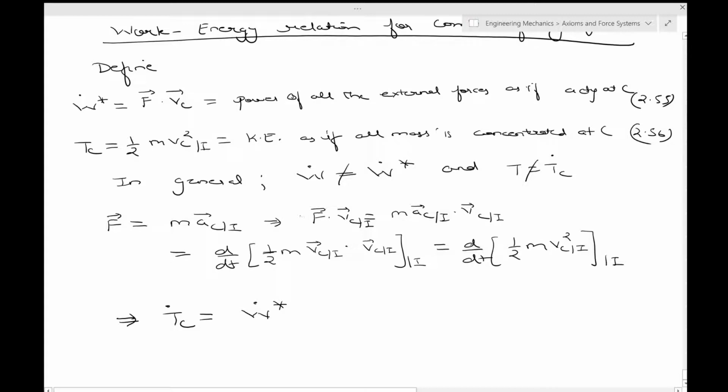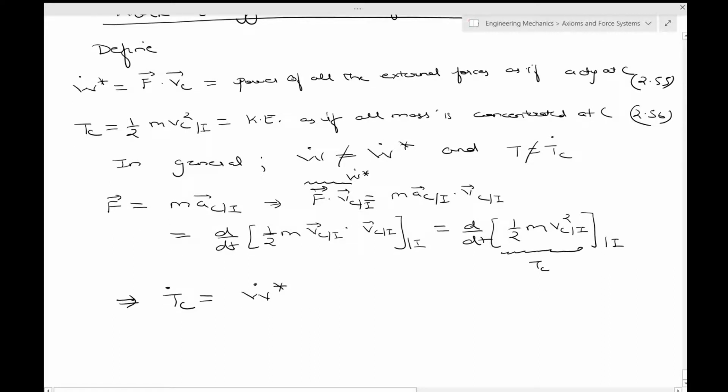Because by doing this, this is actually equal to W dot star, and this is equal to Tc dot. Now this also implies that Tc2 minus Tc1 is equal to W star going from 1 to 2.